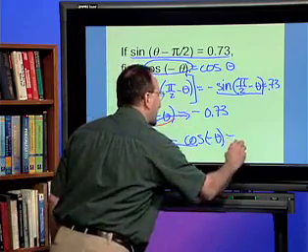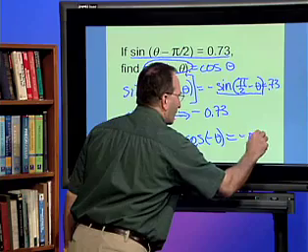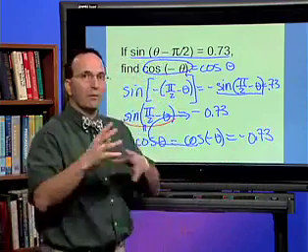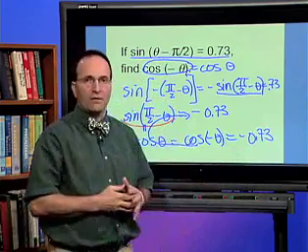I can say that the cosine of negative theta is negative 0.73. All right, so that's an example where we used 3 different identities in order to solve the problem.